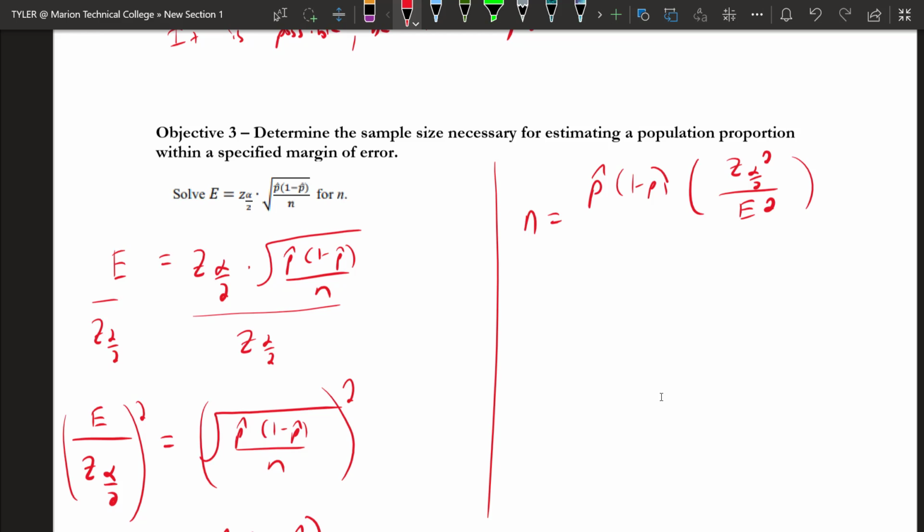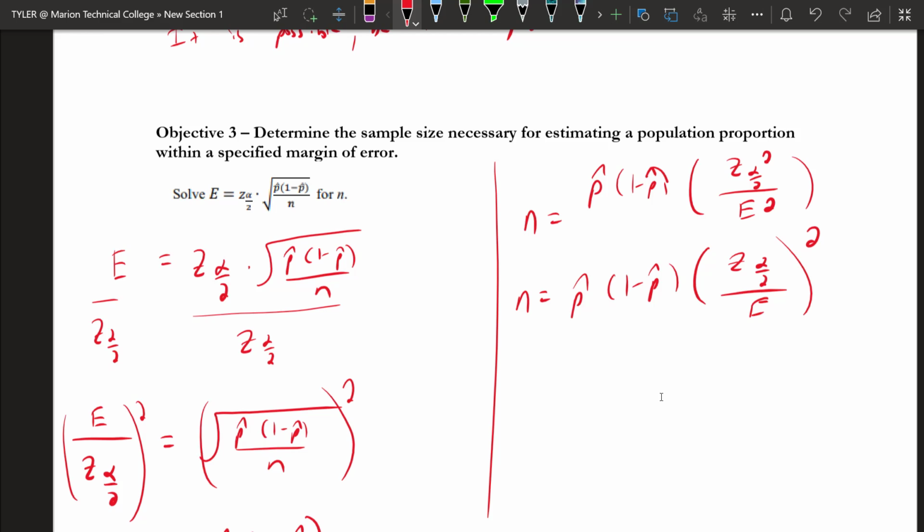Now, to make this a little less confusing, I can take the exponent of 2 out and put it outside the parentheses. So this would be n equals p hat times 1 minus p hat times Z alpha divided by 2 over E, that whole quantity squared. It's kind of like doing that exponent rule in reverse.